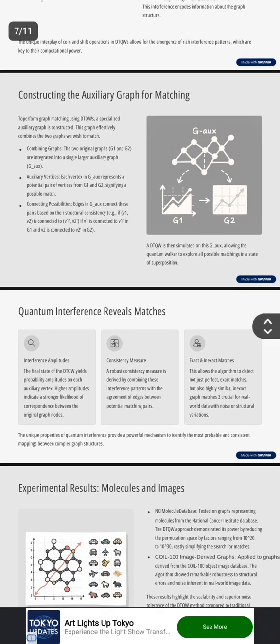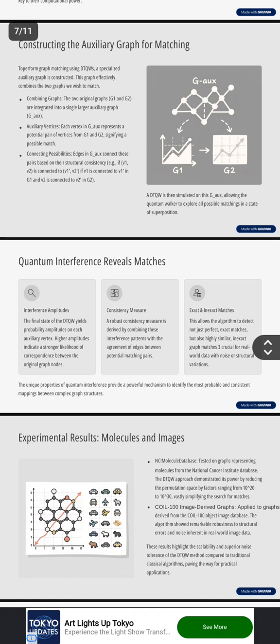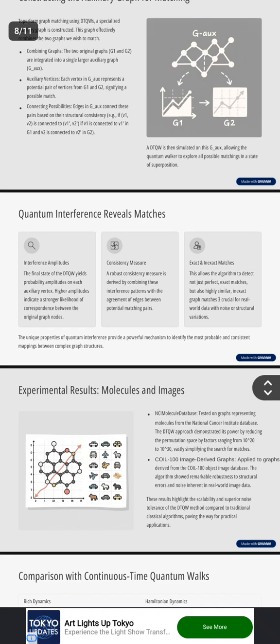A DTQW is then simulated on this G_aux, allowing the quantum walker to explore all possible matchings in a state of superposition. Quantum interference reveals matches. Interference amplitudes: the final state of the DTQW yields probability amplitudes on each auxiliary vertex.